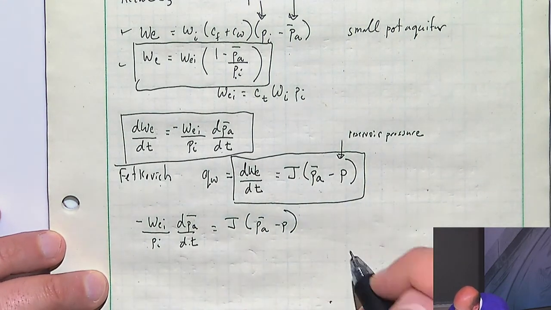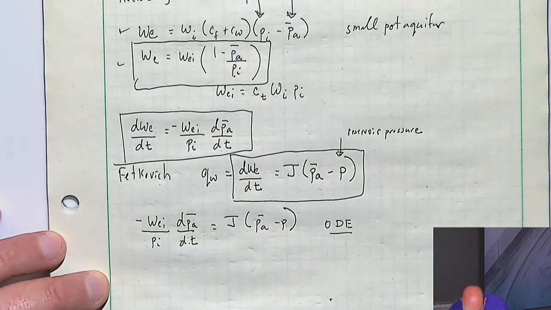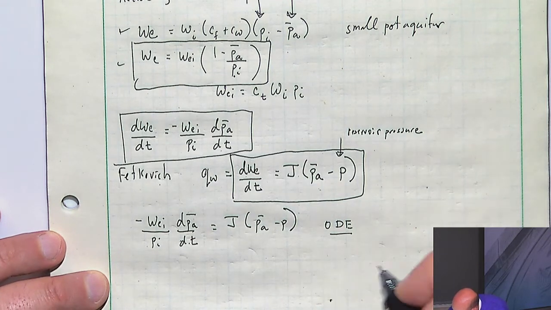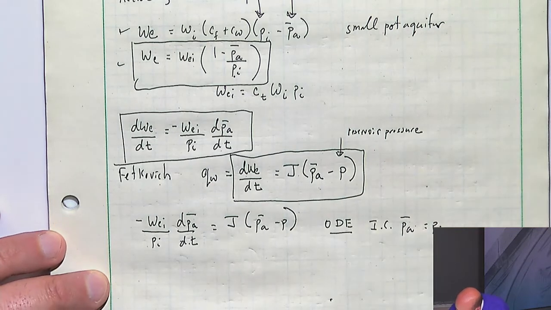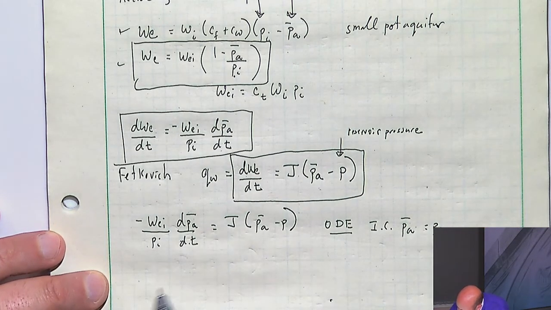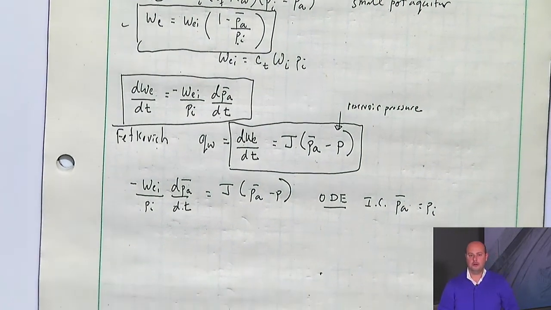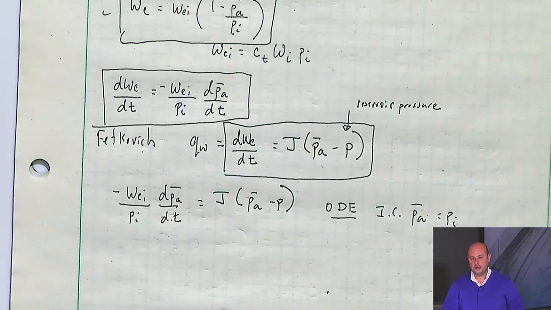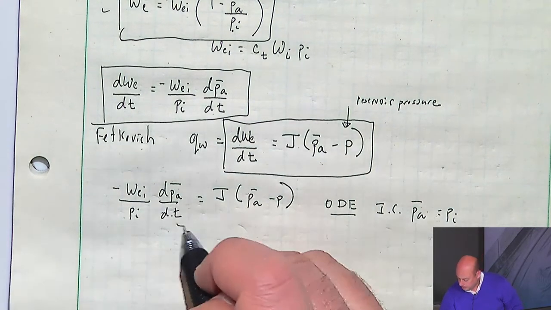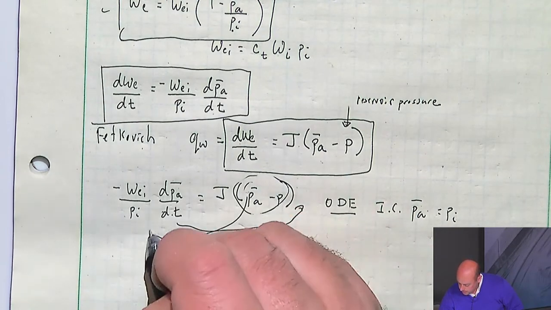And so this is an ordinary differential equation, an ODE. And we have an initial condition, which is PA bar is equal to PI. And we have to solve this ODE. Now, this isn't a particularly hard ODE to solve. It can be solved with separation of variables. So I'll bring my dt over here, and bring all this over here.